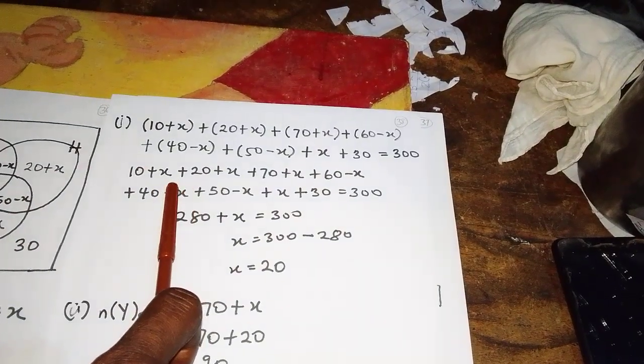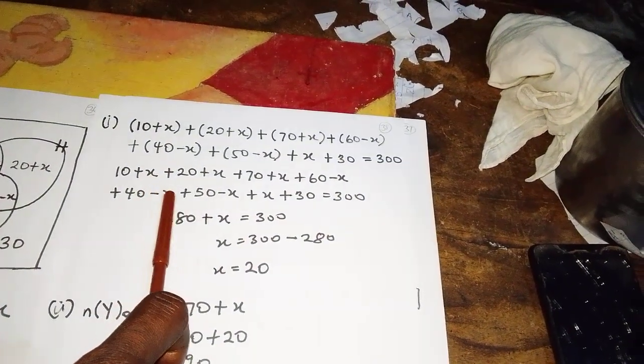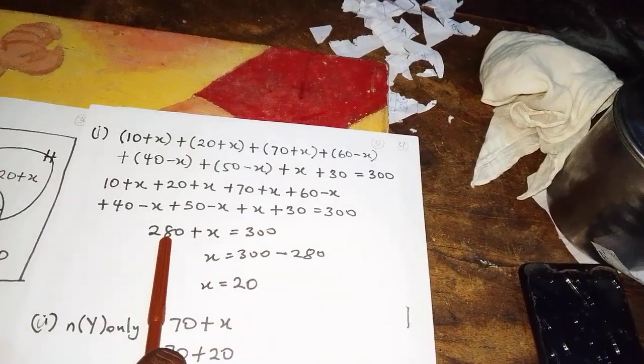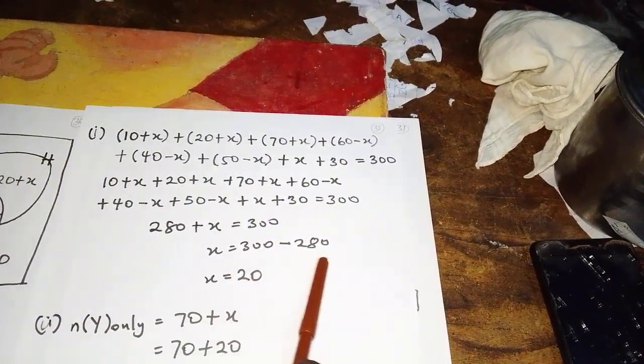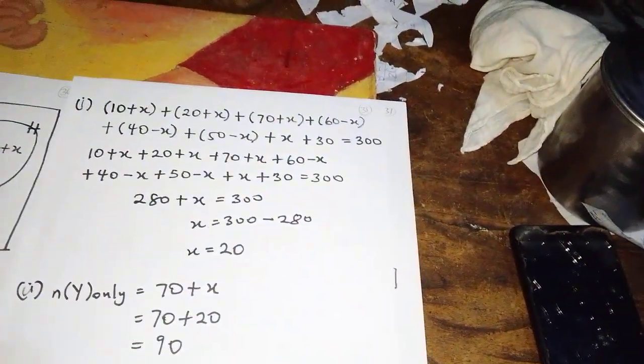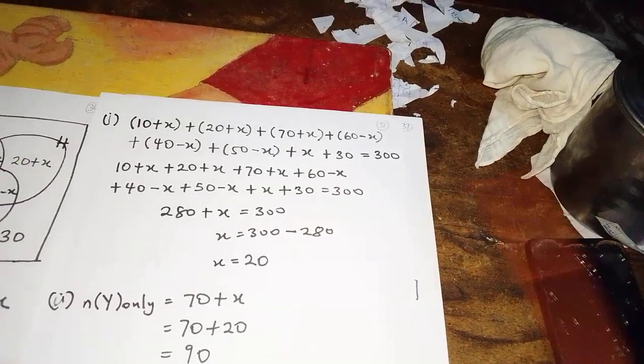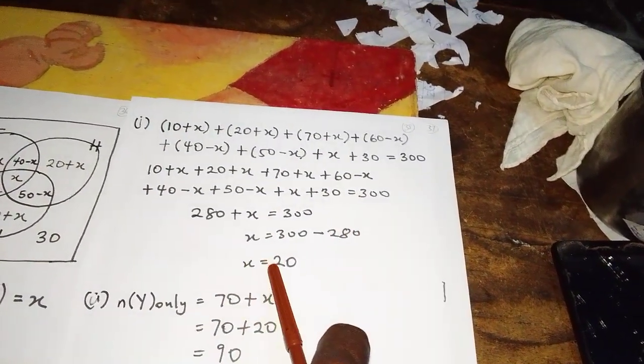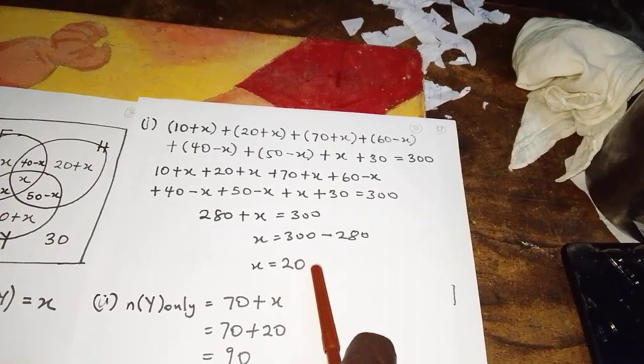If you add and subtract the x, eventually it gives us 280 plus x equal to 300. If you bring this 280 to this side, it turns to 300 minus 280, which will give us 20. So it means that those that like all the 3 subjects are 20.